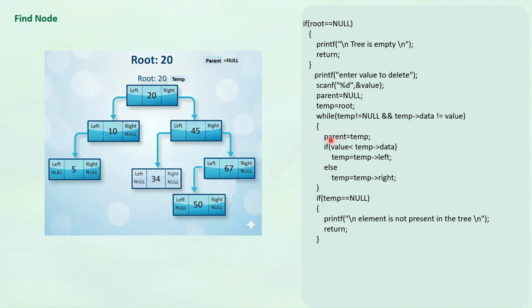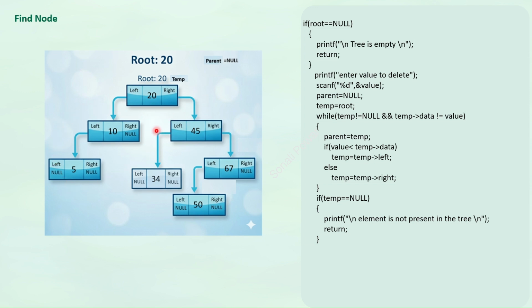After that, what we have written is parent equal to temp. It means temp is present at this location, so bring the parent to this location as well. After completing this instruction, parent is also pointing to this location. After that, we check whether the value which I want to delete is smaller. Then we have to move towards the left side, because if it is smaller, I will get that element on the left side.